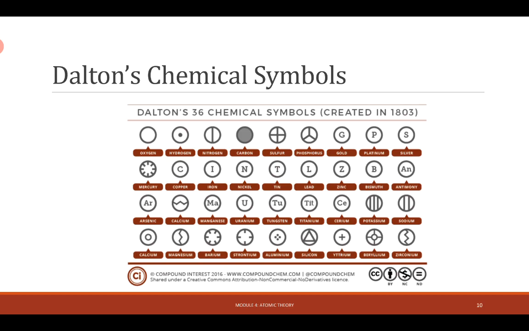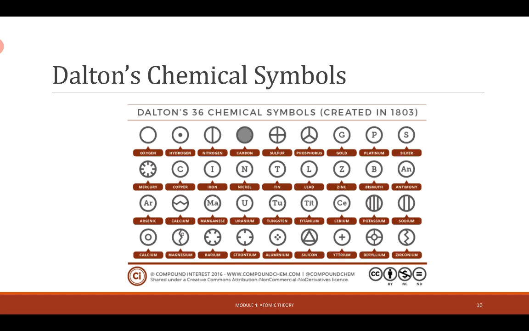And so John Dalton came up with 36 chemical symbols based on what was known at the time. You can see he used just a circle for oxygen and a circle with one dot in the center for hydrogen and so on. So these were the chemical symbols he used to represent the different elements.